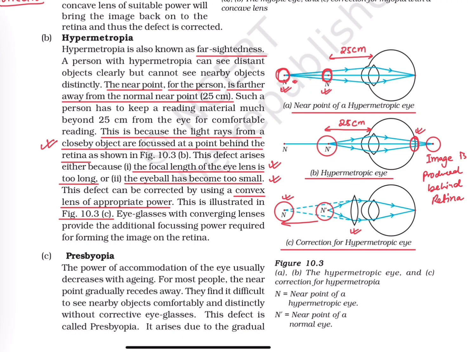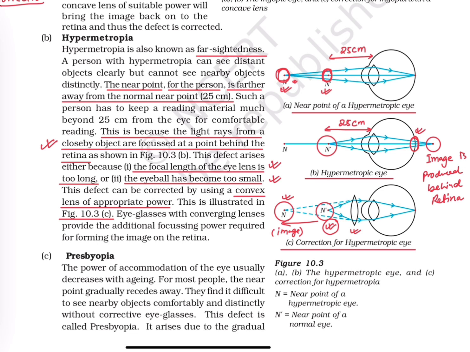As we have now observed the numerical, we can easily understand that the object that we want to see is kept at normal near point, and its image is produced at the near point of a hypermetropic eye.